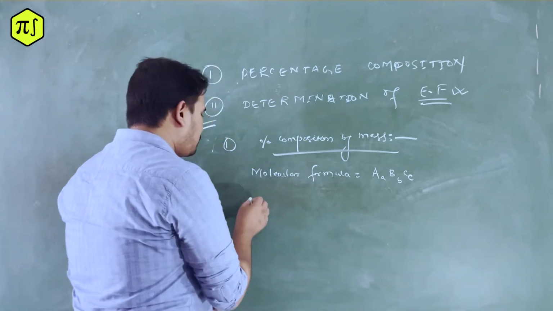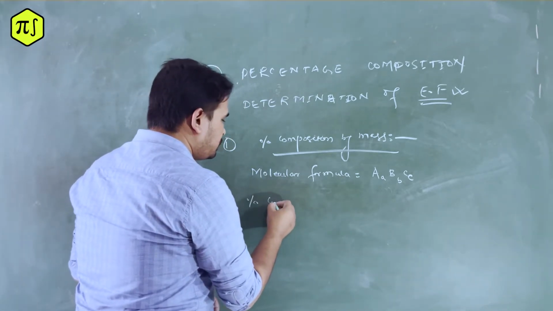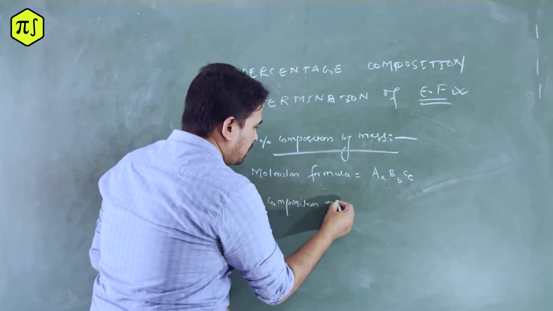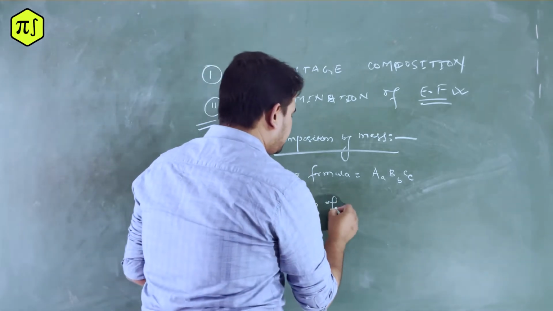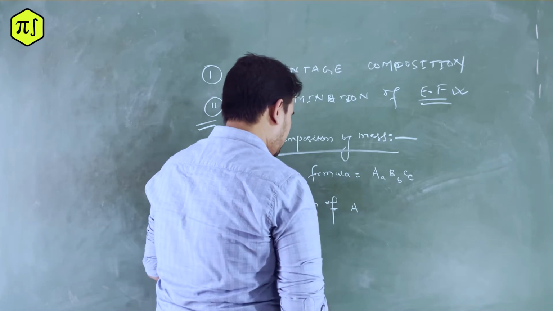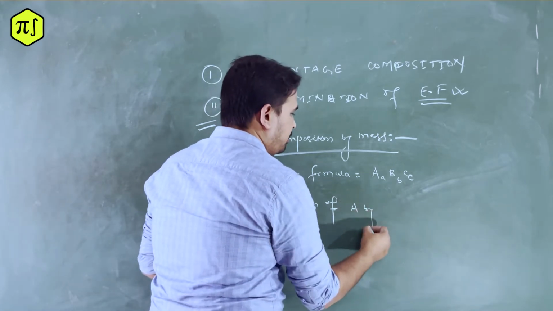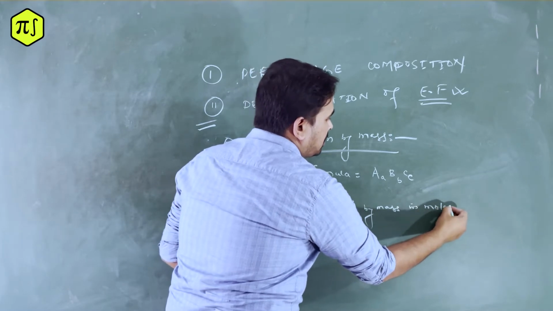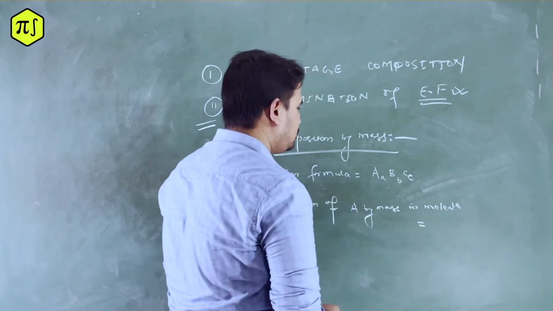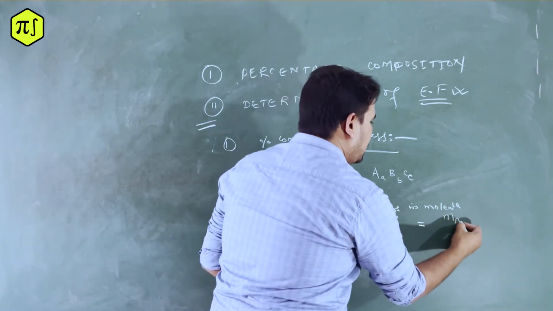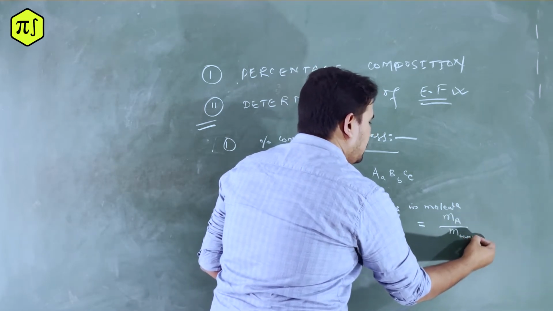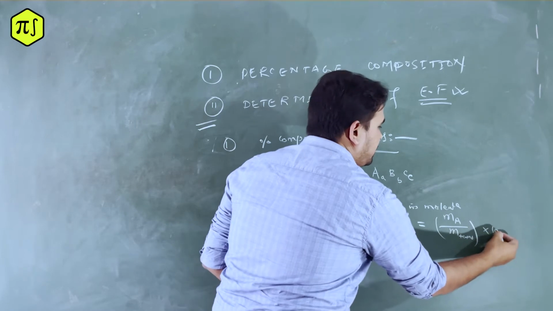Now if you are talking about the percentage composition of A by mass in a molecule, it will be mass of A divided by mass total, into 100.